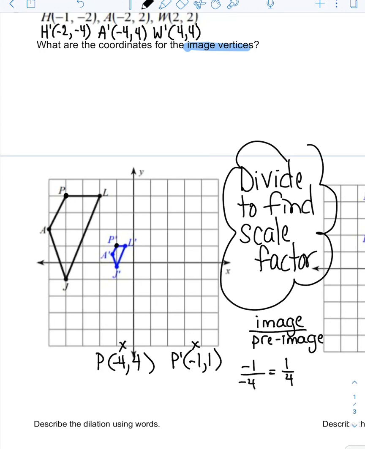So what does that reduce to? 1/4. Well, look, even if we do our y's, if we do the image y, which is a 1, over the pre-image, or the starting point, which is a 4, we get the same thing. So our rule is going to be 1/4 times x, comma, 1/4 times y.